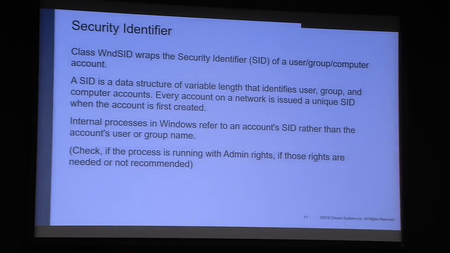So if your user doesn't actually give you the privileges, you can figure that out and just ask, am I running as admin? If you're not, then you can tell the user, please restart the process with admin level privileges. Or if I have some other application that is never ever supposed to run as an admin, that's also something I can check. Am I running as admin?